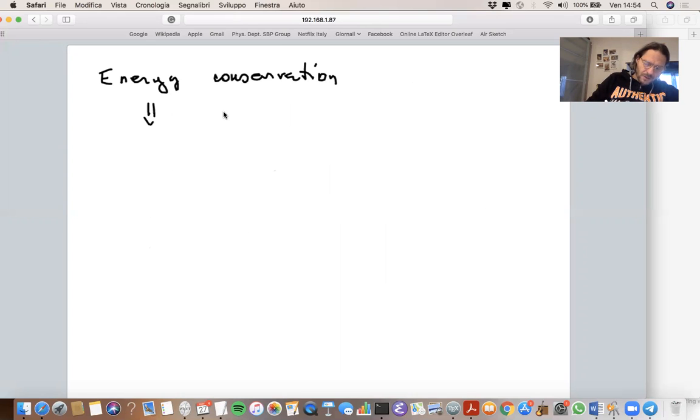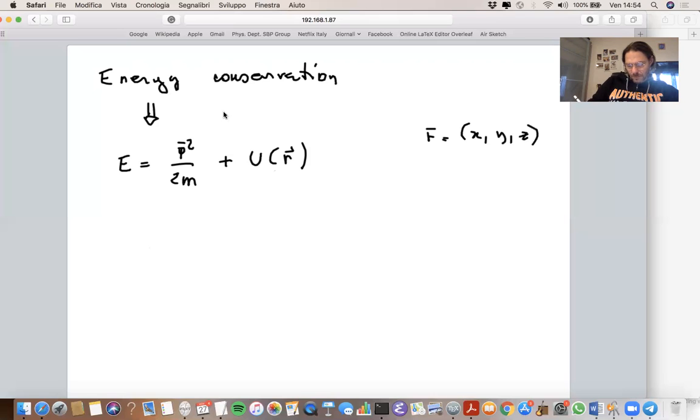And to exploit the energy conservation, we express the energy as a kinetic energy plus a potential energy. Let me call it X.